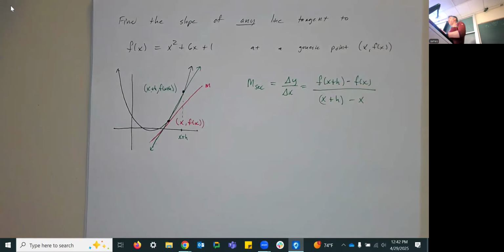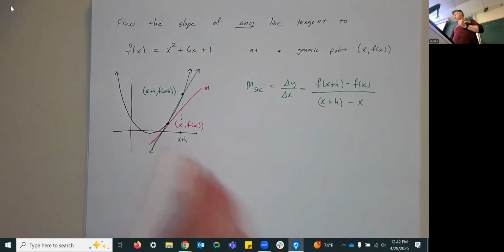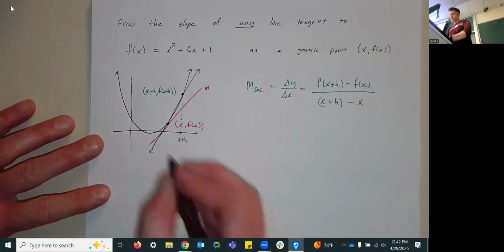And then just like before, to make that secant line slope get closer and closer to the slope of the tangent line, we're going to let the x and the x plus h point get closer and closer to each other. So we're going to let h get smaller and smaller.